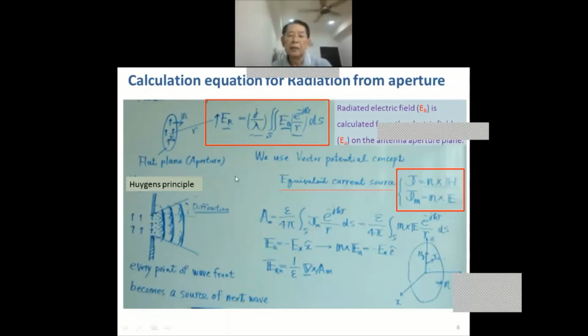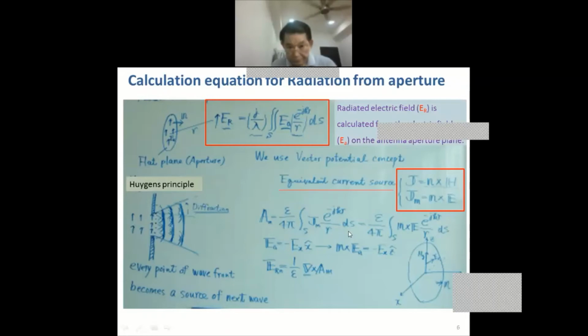However, this can be ensured by using equivalent current source. In a previous lecture, by using vector potential, we can obtain the radiation pattern like this one.